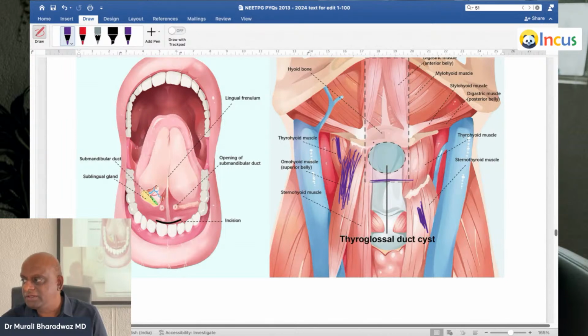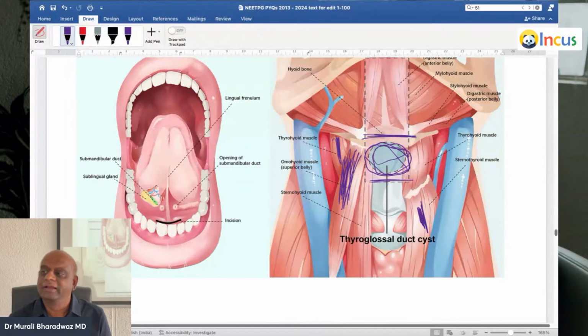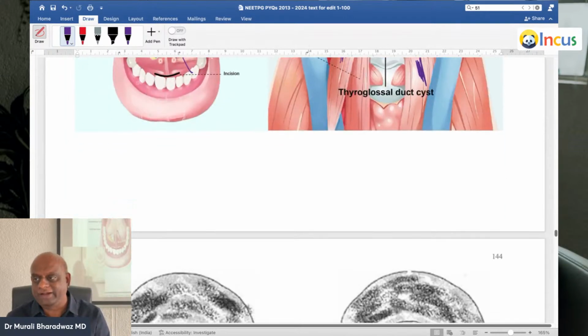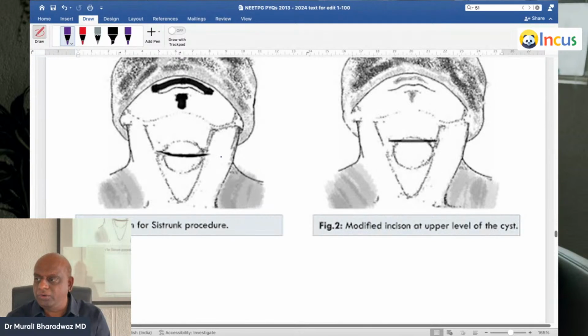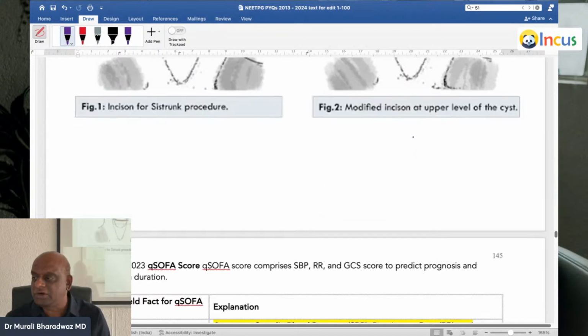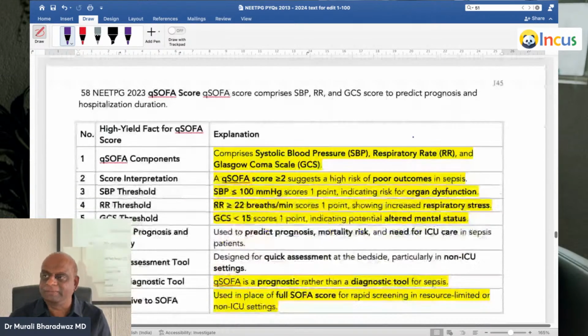This is the place where you have the hyoid bone, and below the hyoid is the most common location for the thyroglossal cyst, which has a connection with the tongue. That's the reason when the tongue is protruded, it will get elevated. So you do an incision, and typically including the hyoid bone, you will remove the cyst, which is called Sistrunk's operation.